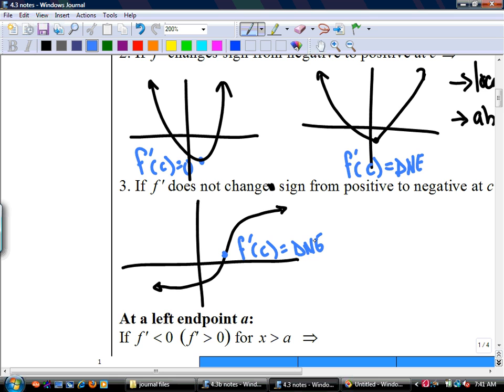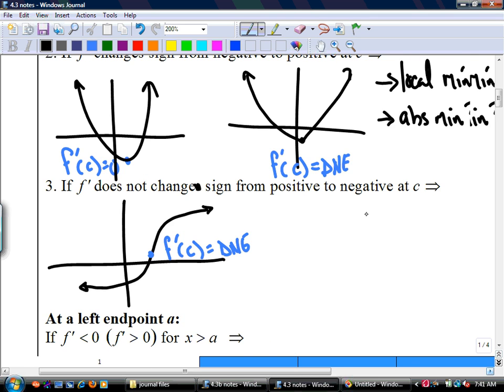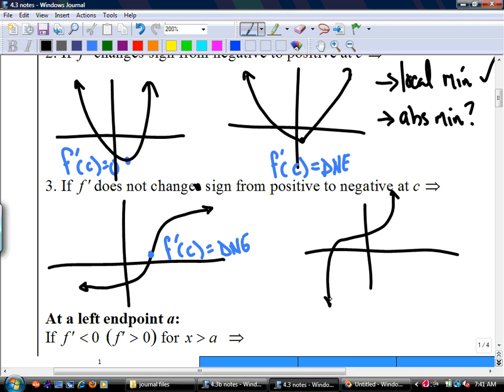It's positive the whole time. Or it can be legit. This is positive the whole time too. So those are both positive slopes: positive, does not exist, positive; positive, positive, 0, positive.